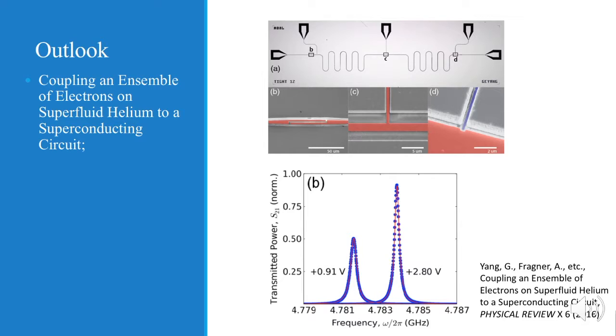Since the quantized lateral motion states and the spin states of electrons trapped on the surface of superfluid helium have been proposed as basic building blocks of a scalable quantum computer, this paper is a great application of the circuit QED.